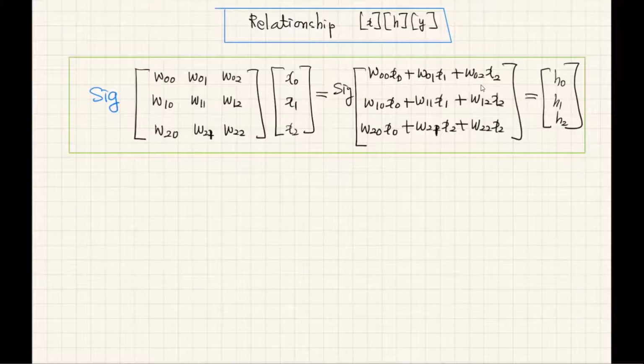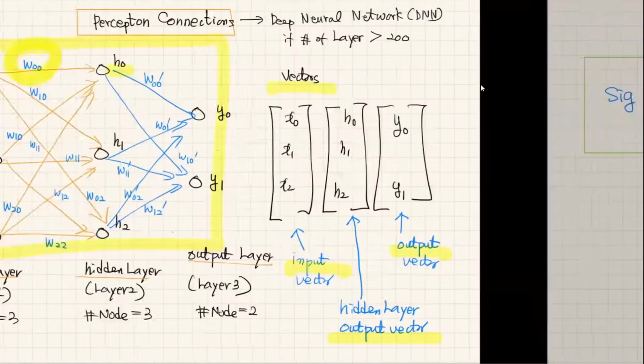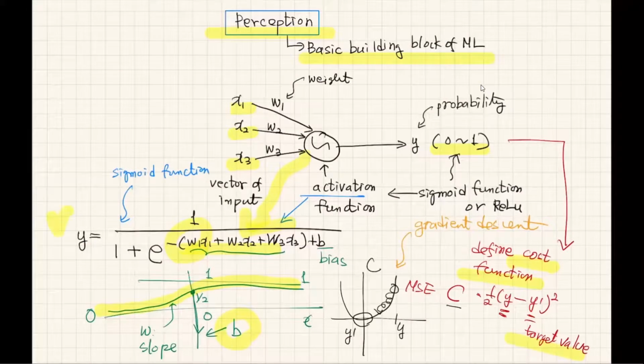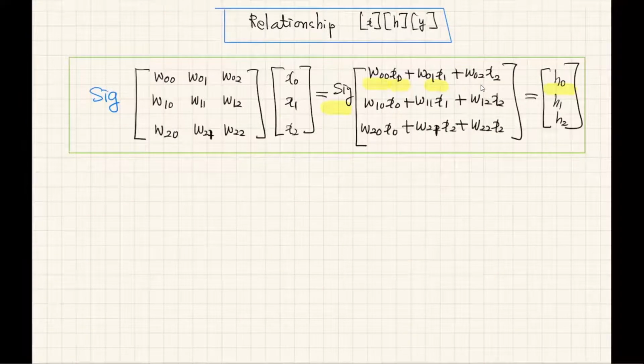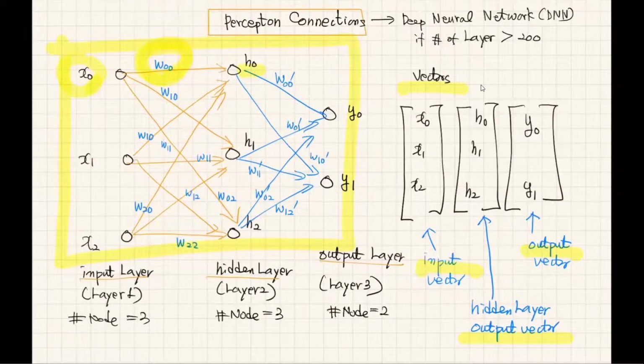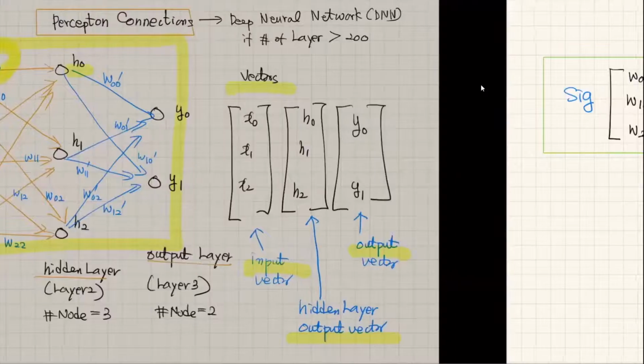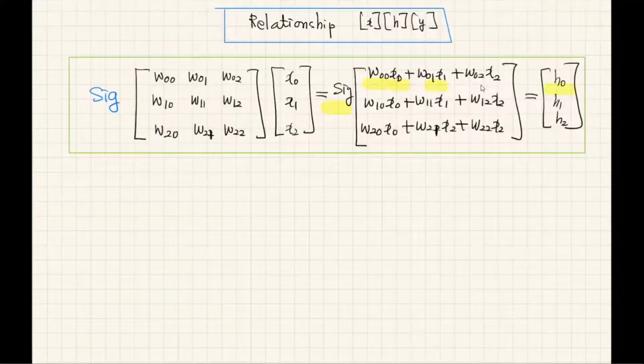So the output of this hidden layer will be determined by the sigmoid function of the summation of the weight matrix multiplied by the input vector. And as I mentioned before, the sigmoid function looks like this.